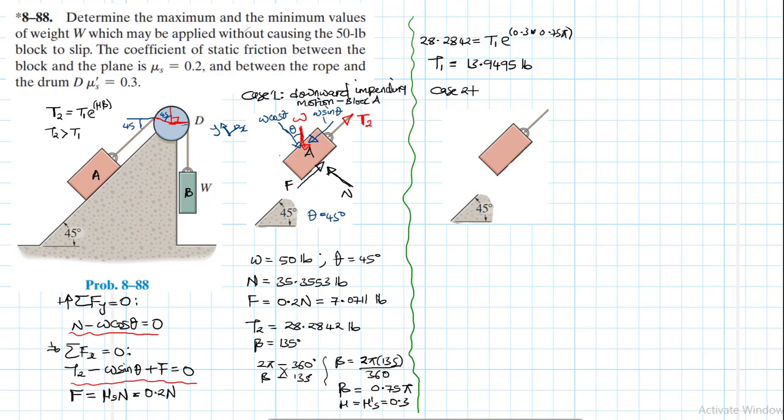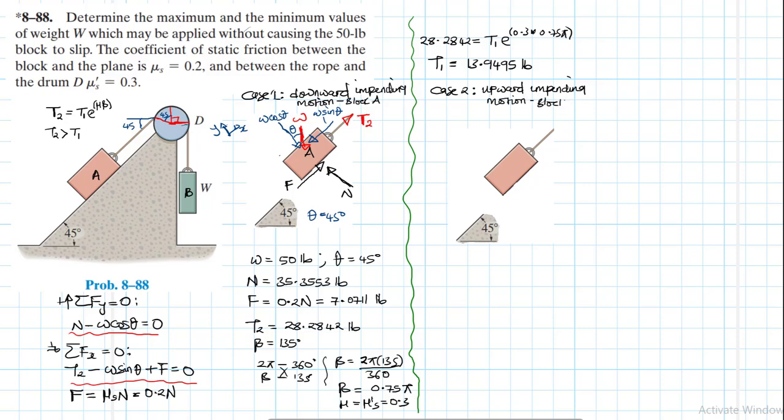So case 2, the motion here we have is what we are calling the upward impending motion for the same block A. So what are we saying here?